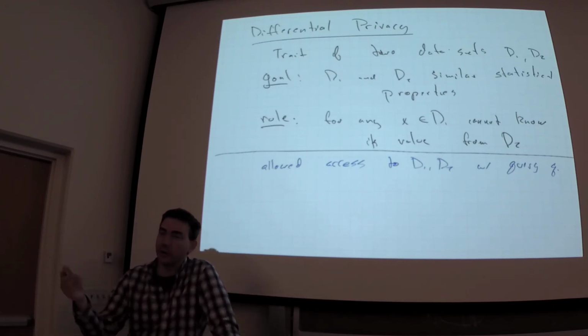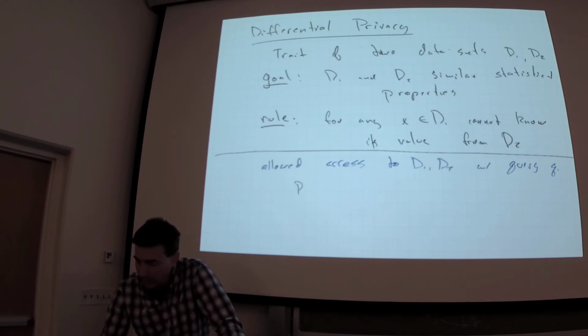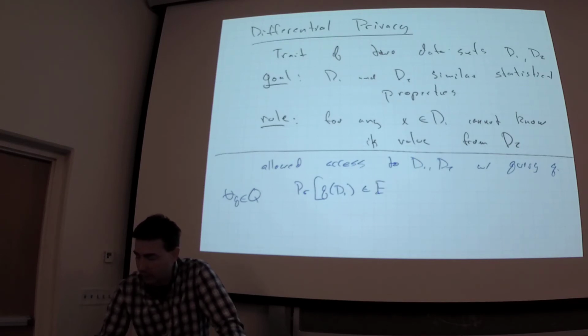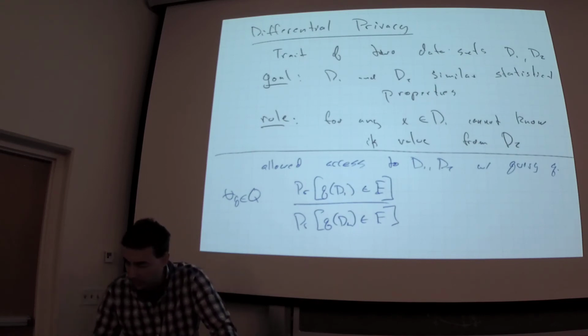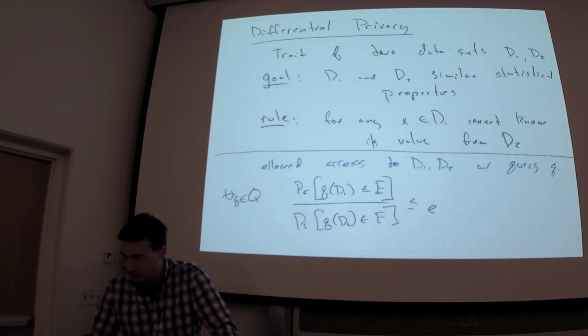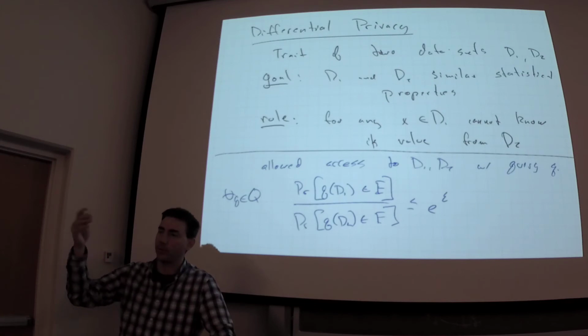And so the two data sets are not going to have the same value, but I want that for all queries in some set of queries I can ask, the probability of the query on D1 satisfying some event E, divided by the probability that the query on D2 satisfies the same event, I will say the ratio of these probabilities is going to be less than e to the epsilon, some error parameter epsilon.